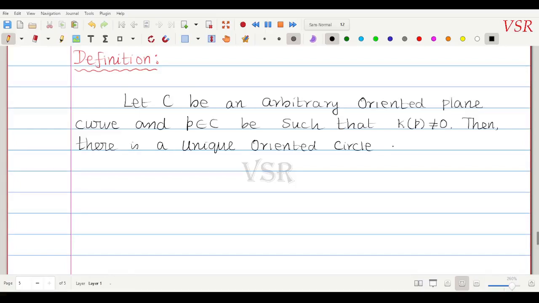இந்த சர்க்கிளுக்கு பேர் O. Okay, this is a circle. C என்பது கொடுத்திருக்கிற கர்வ், நாங்க சர்க்கிள்.